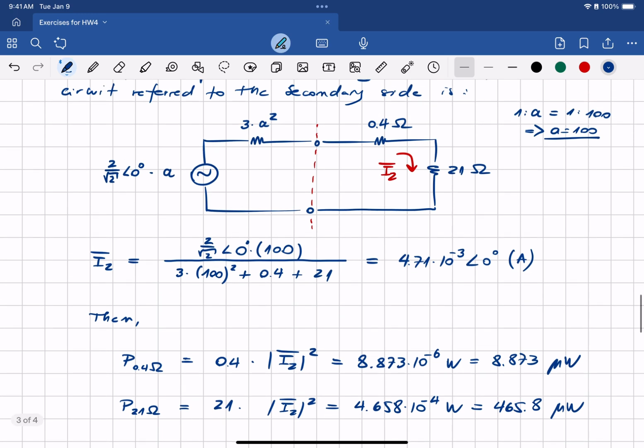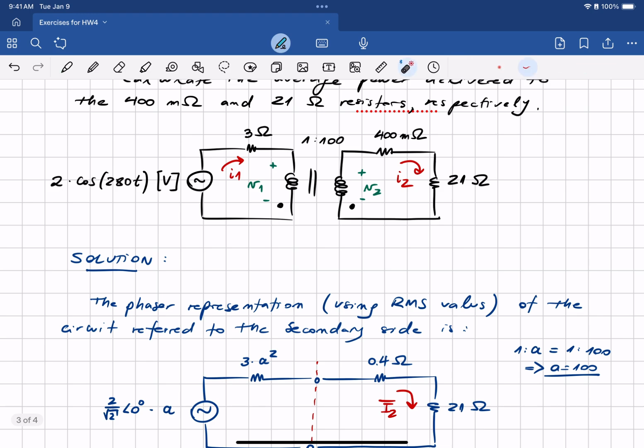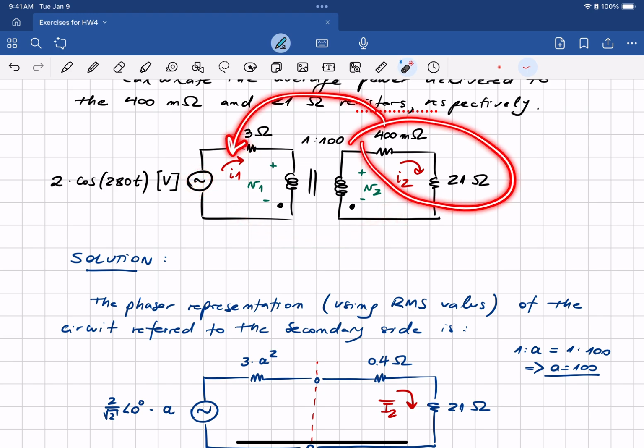So that's a clear example of how you would use the turns ratio between primary and secondary to move elements from one side of the circuit to the other. Of course, if you had to move this one to the primary, we would have to divide by A squared. So it's specific to moving from the primary to the secondary, or from the secondary to the primary.